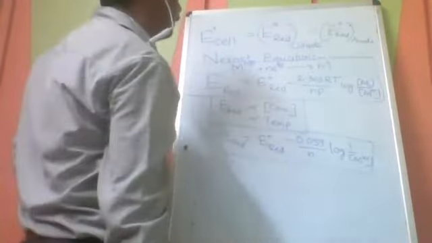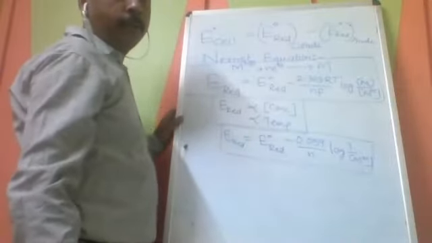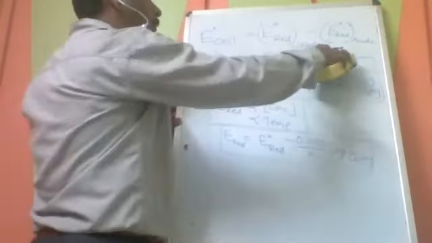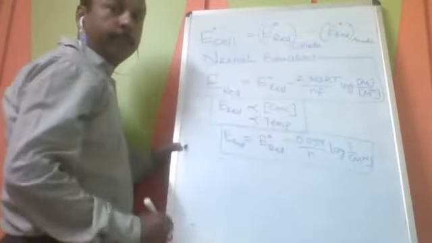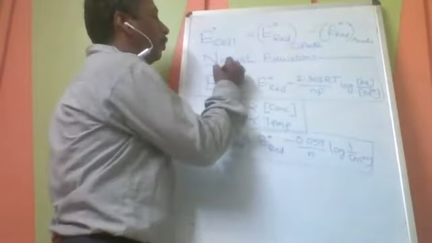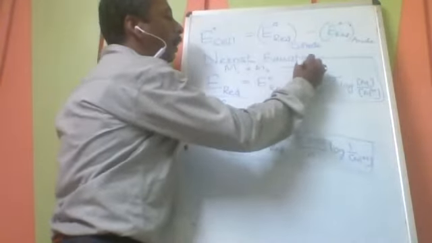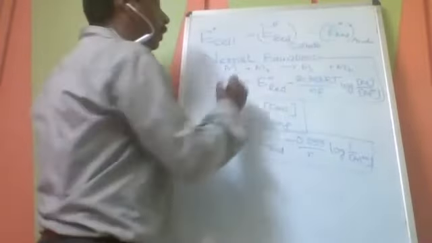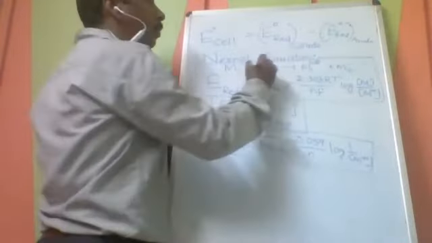Next, this is the Nernst equation for one single electrode, but a complete cell is composed of how many things? Two things: anode and cathode. So let us take M1 and M2, but both cannot be in the same condition. Suppose M1 goes to M1 n positive, and M2 n positive is reducing to M2.